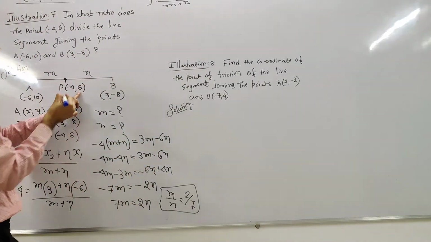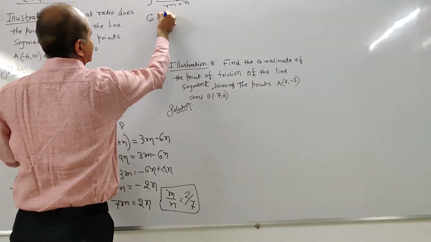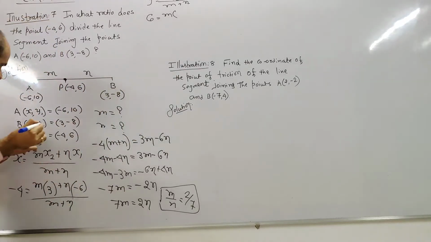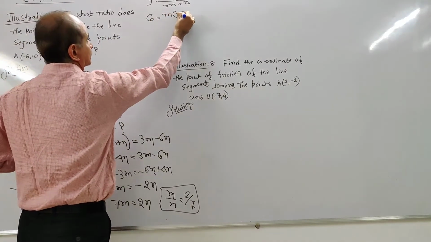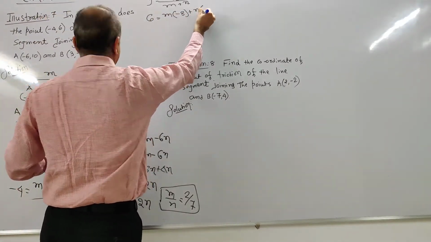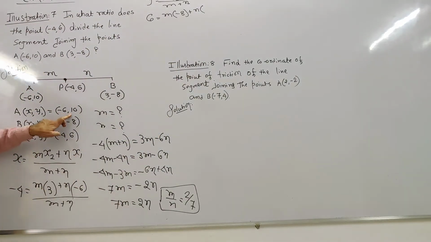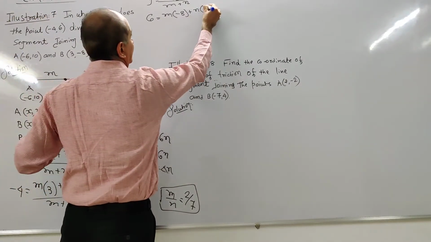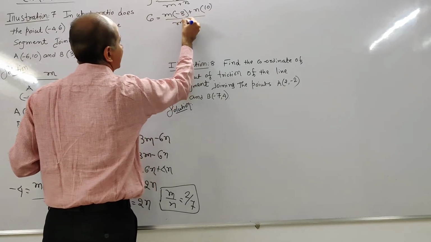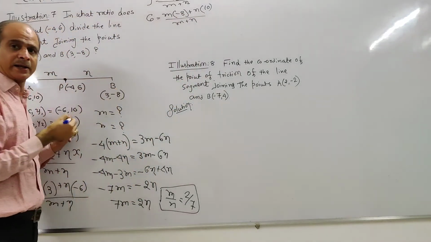Here the y coordinate is 6. So 6 is equal to m times y2, that is -8, plus n times y1, that is 10, upon m plus n. Now again cross multiply.